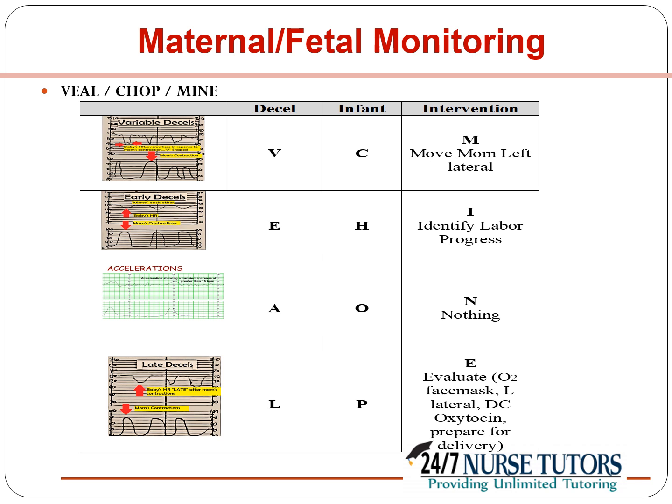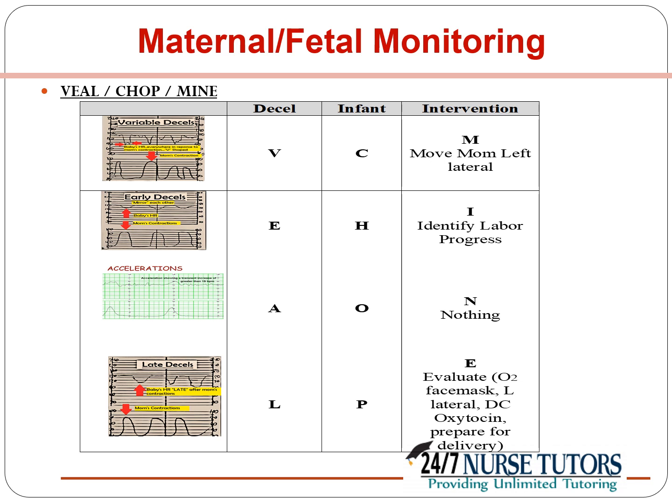Let's discuss decelerations and accelerations. Have you heard of VEAL CHOP? Well, this is an easy way women's health nurses use to remember decels. V stands for variable decels, means that the cord is being compressed. The intervention? Move mom left lateral.